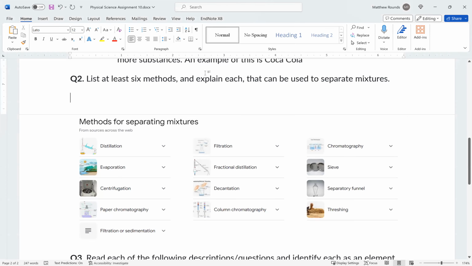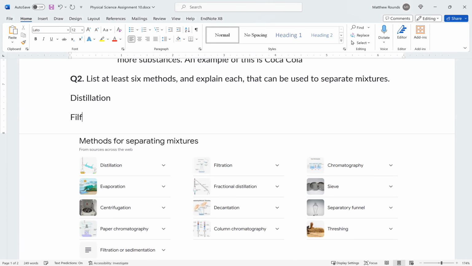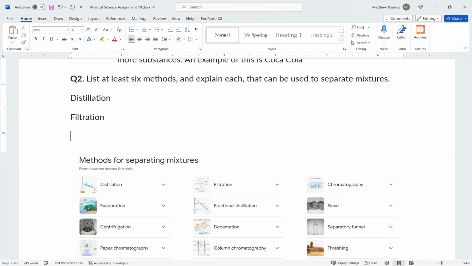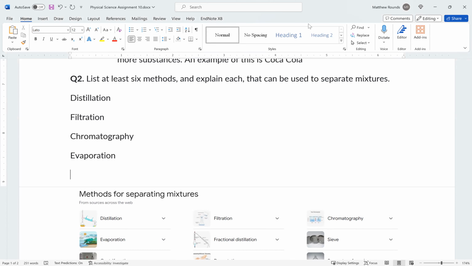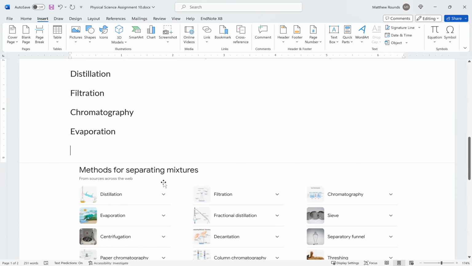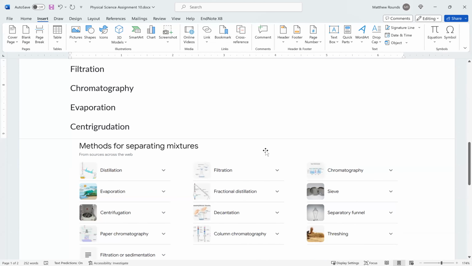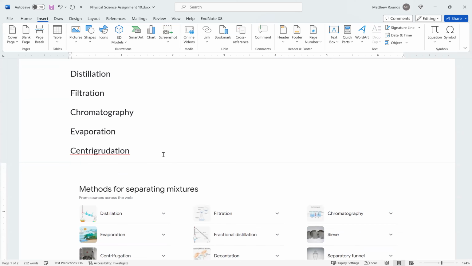So I would pick distillation, filtration, chromatography, evaporation, centrifugation, and then I guess we need another one, maybe threshing.